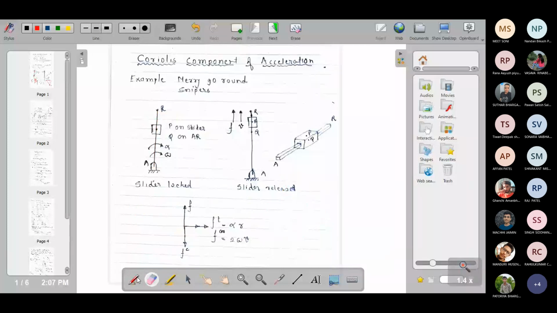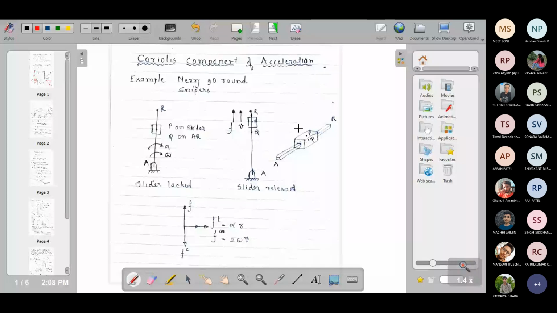Fine. Now suppose you have one slider. The link is rotating, and the slider is sliding on the link AR. So P is on the slider, and Q is on the link AR.